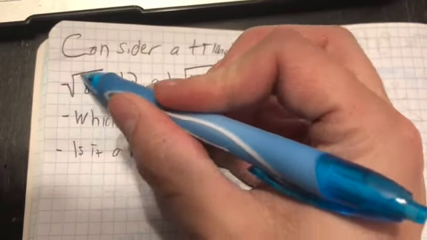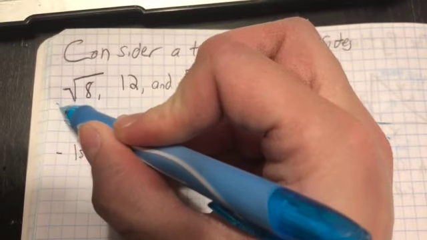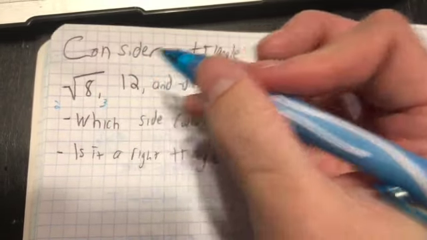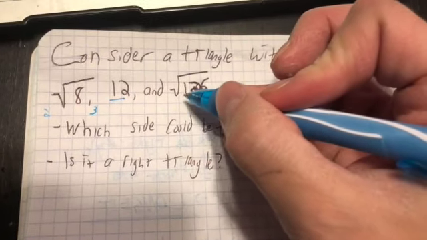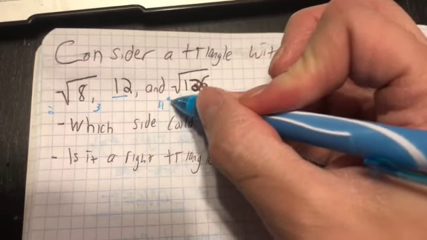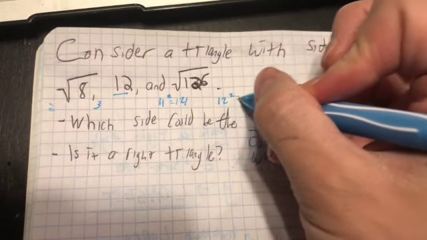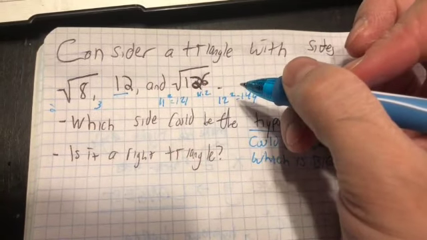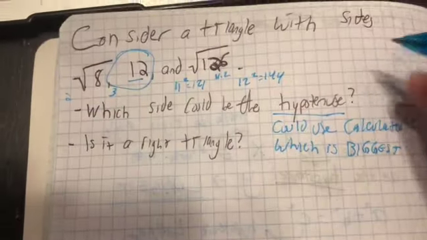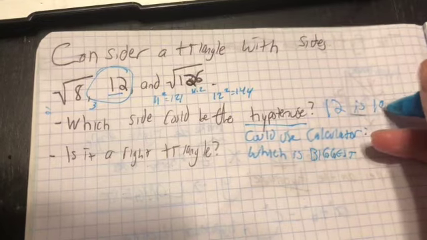So the square root of 8, that is between 2 and 3. 12 is 12. And the square root of 126, well, let's see, 11 squared is 121, so it's a bit more than that. And 12 squared is 144. So it's like 11.2-ish. So 12 is the largest, so that could be my hypotenuse.